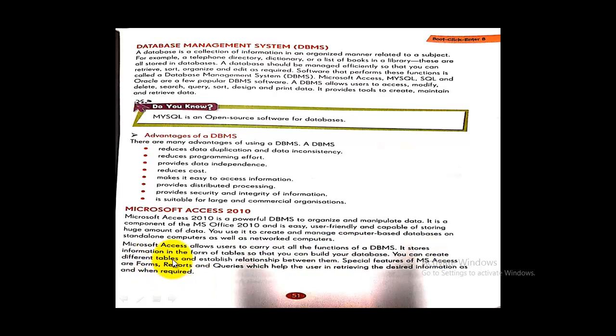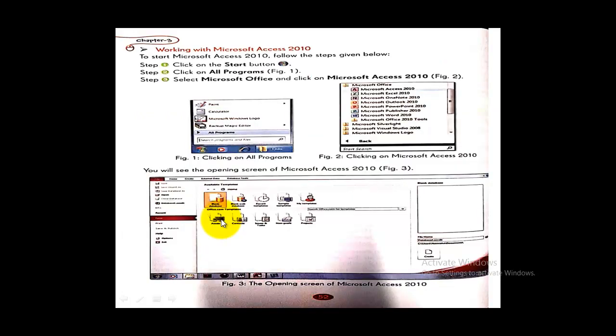You can create different tables and establish relationships between them. Special features of MS Access are forms, reports, and queries, which help the user in retrieving the desired information as and when required. While taking the example you will understand it better. Now these are just the introduction I'm giving you.